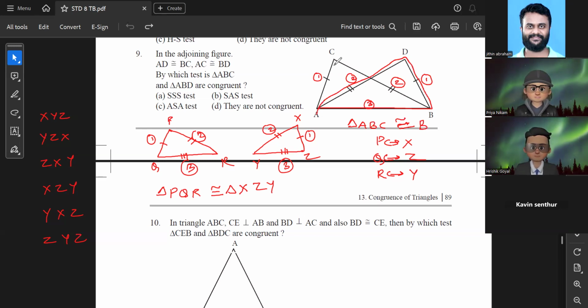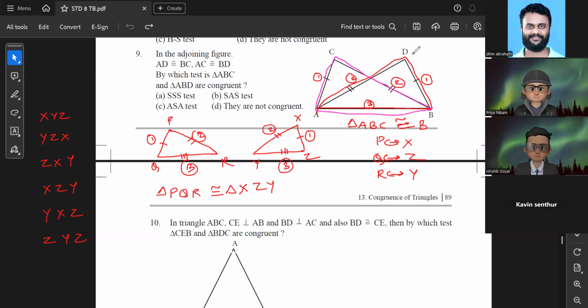Again, coming back to the first triangle, ABC, where now I am speaking about B. For this particular triangle, I'll use a different ink to highlight the first triangle. So pink ink, I hope it will be visible for everyone. So for this pink triangle, B vertex is coming between which two sides? Is it 2 and 3? Yes, sir. So for the first one, it is coming between 2 and 3. What about the second one?